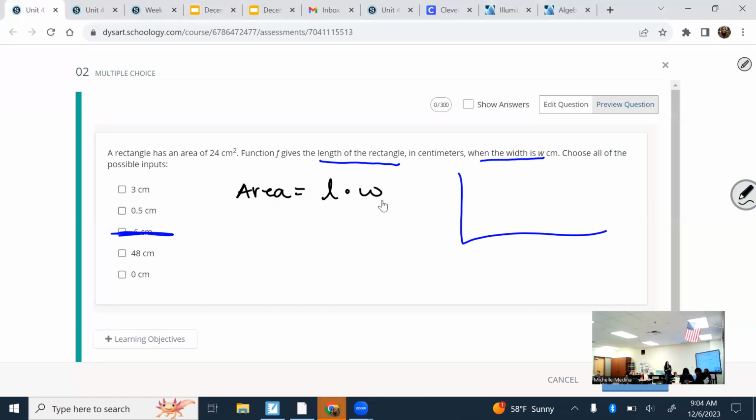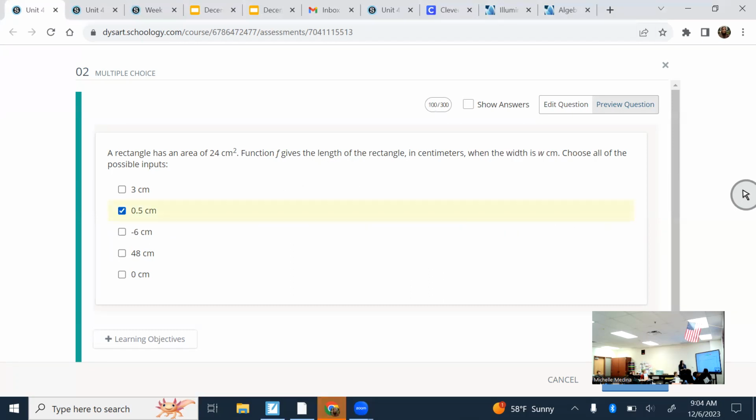We don't know what the width is, they're not giving us a value, but they are giving us what the area is. So whatever this L is has to be able to be multiplied by something to get 24. So could I times 3 by something to get 24? Yeah, so I'm going to pick the one that says 3 centimeters.